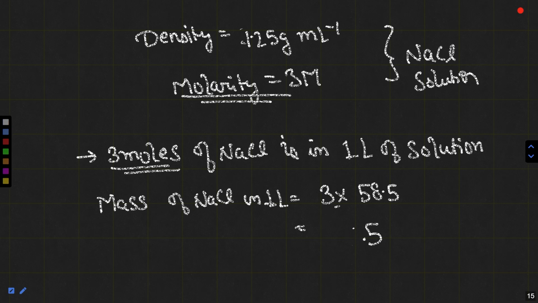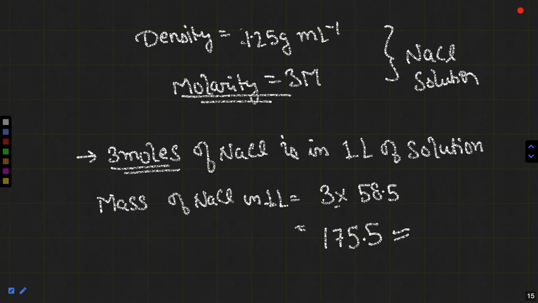If there is a calculation mistake, you can try it once again. So we got the amount of NaCl dissolved in 1 liter of this given solution, which is 175.5.